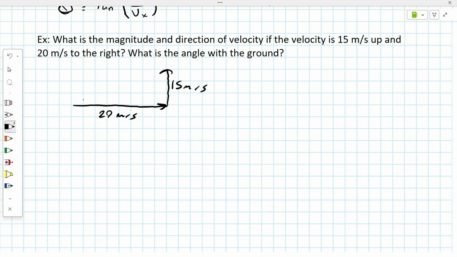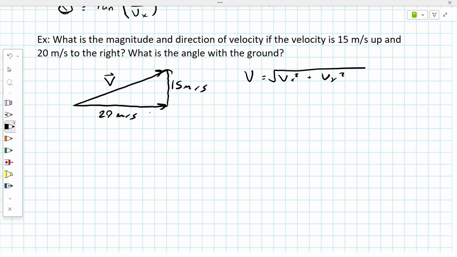So this resultant vector, going from the beginning of the first one to the tip of the last one, is this velocity vector that we're trying to find. And so we need to find the magnitude and the direction. As we derived in the formula, we know that v equals the square root of vx squared plus vy squared. And that just comes from the Pythagorean theorem.